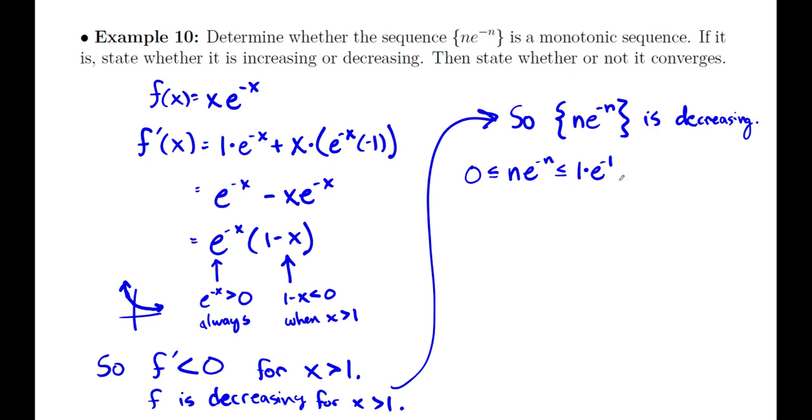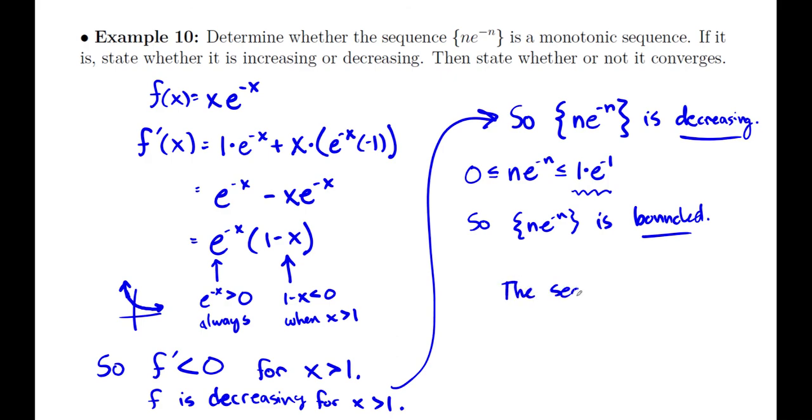Why do we know that? Well, because if this thing is always decreasing, then you cannot get bigger than when you started. So the very first term must in fact be the biggest term. So the only important thing was that we bounded it below, because we already knew that this had to be the case. So that means the sequence is bounded, right? And because we have both decreasing and bounded, the sequence is convergent.